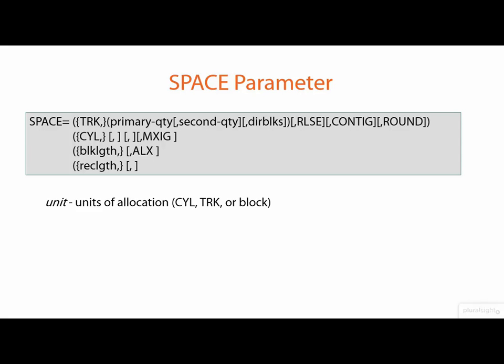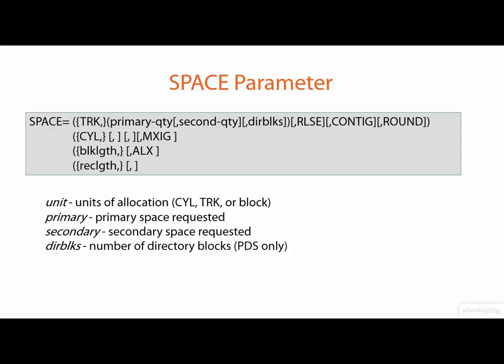So basically, within the cylinder, track, or block, this is going to represent the physical space where we obtain our primary allocation. In other words, how much space do we want to begin with? And then we can optionally specify a secondary allocation, which allows us to grow this data set in the event that our initial estimate was too low.